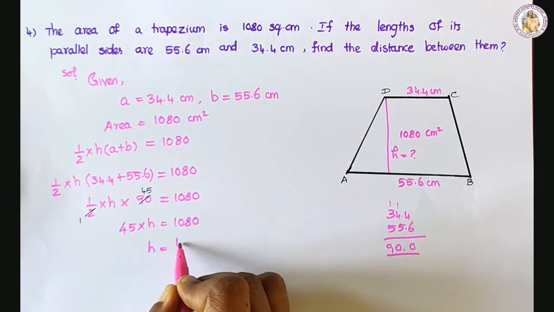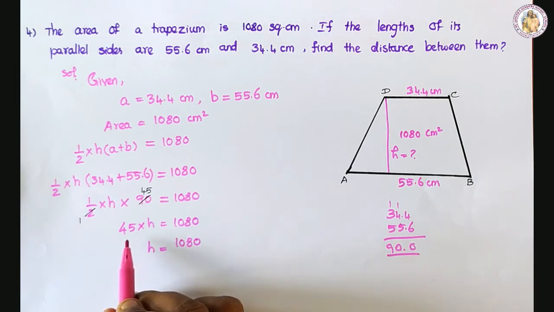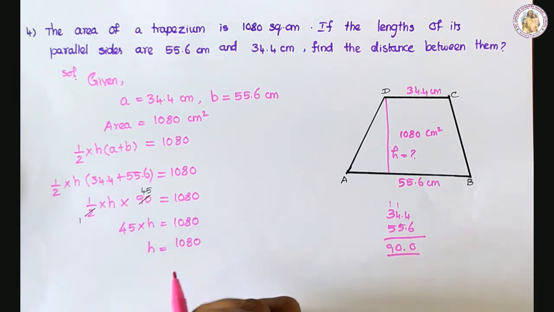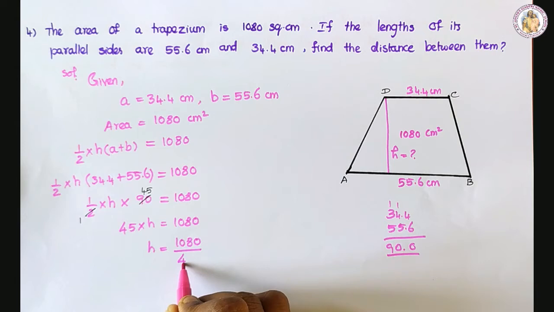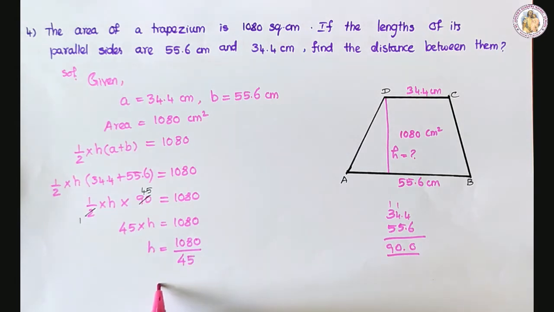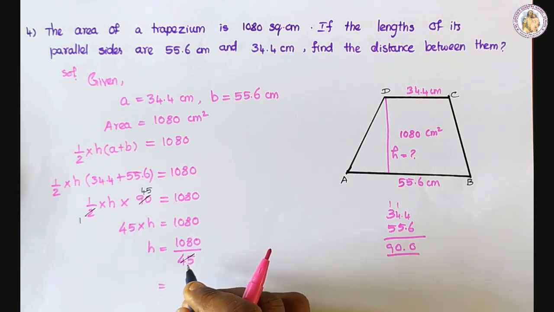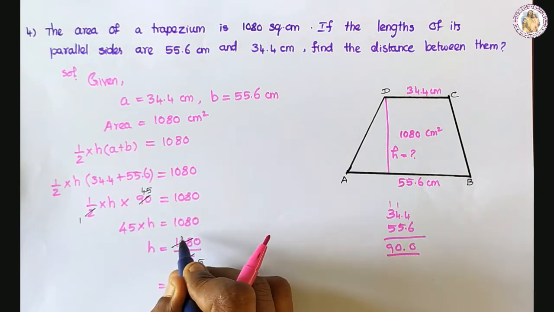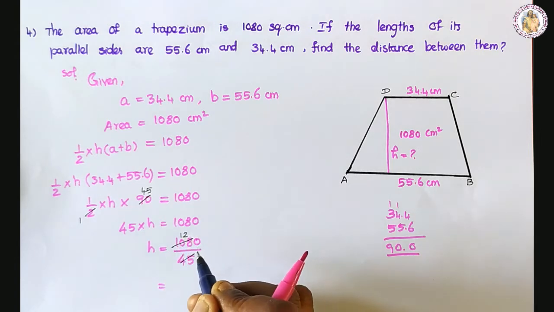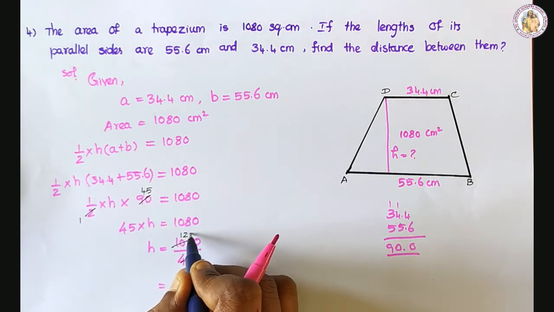h equal to 1080 by 45. 45 is in multiplication. Bring this side means it becomes division. Now again the cancellation. Ninth table. 5 9s are 45. 12 9s are 108. Put the 0.